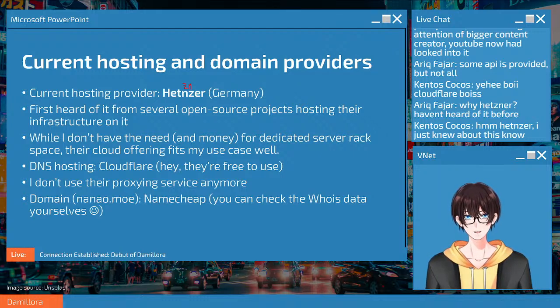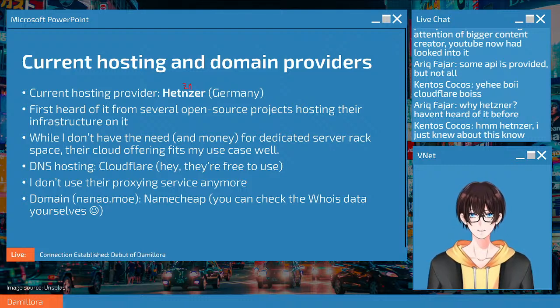Hetzner actually provides 2 GB for half the price, which is quite amazing. But they only have data centers in Germany and Finland, so if you want your server to be close to Indonesia, for example, Hetzner is probably not an option for you. But if you just want cheap servers, then it is definitely for you.